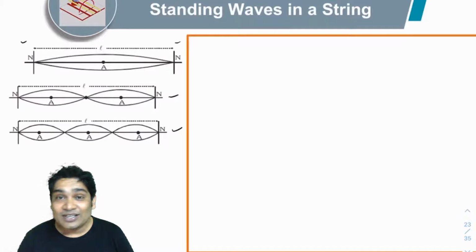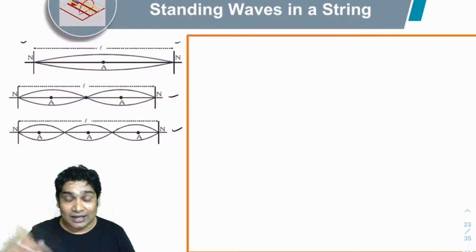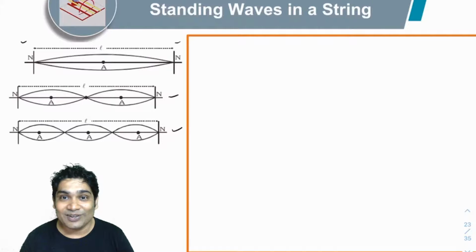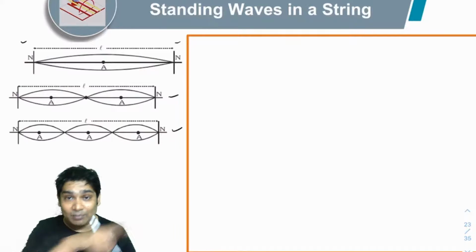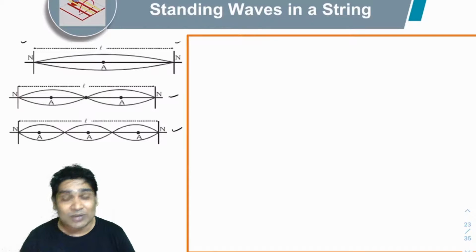So a string can vibrate in multiple modes. These are different possible modes of vibrations of a stretched string. Either it can vibrate making one single loop, or it can vibrate making two loops, or it can vibrate making three loops, and so on.